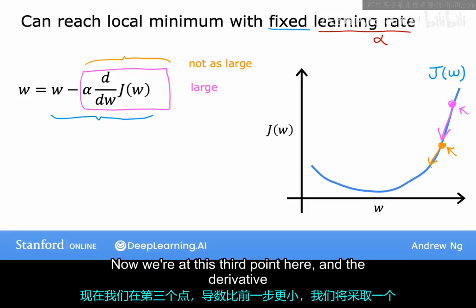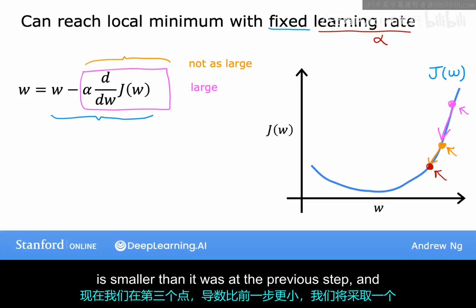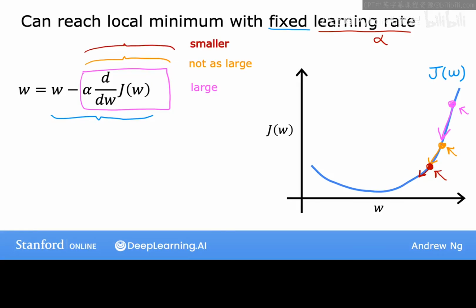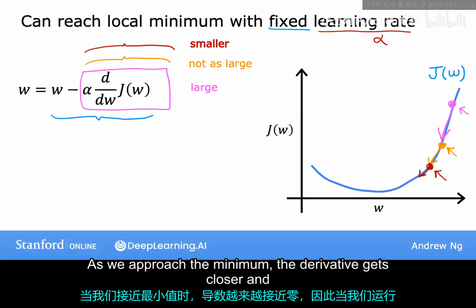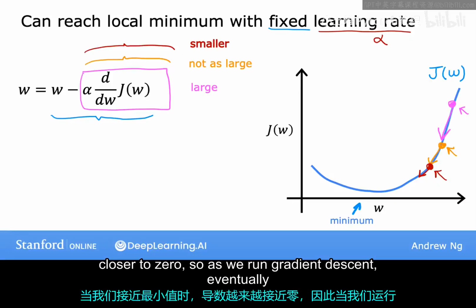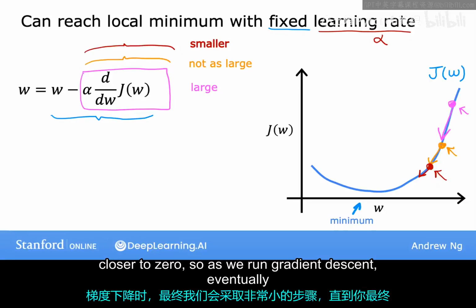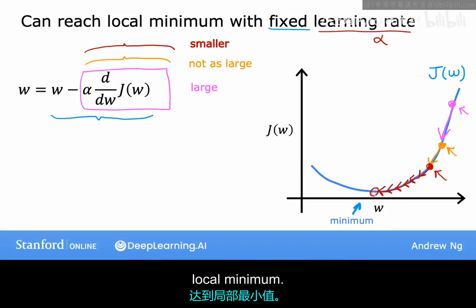Now, we're at this third point here, and the derivative is smaller than it was at the previous step, and we'll take an even smaller step. As we approach the minimum, the derivative gets closer and closer to 0. So as we run gradient descent, eventually we're taking very small steps until we finally reach a local minimum.